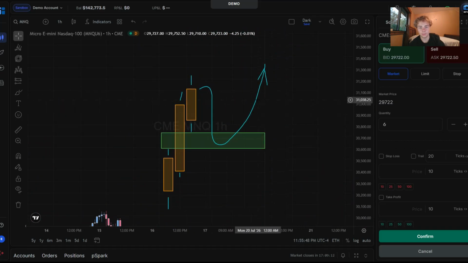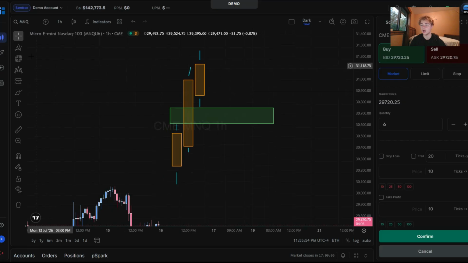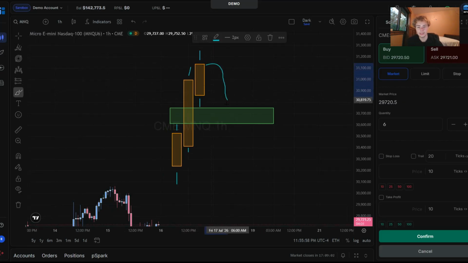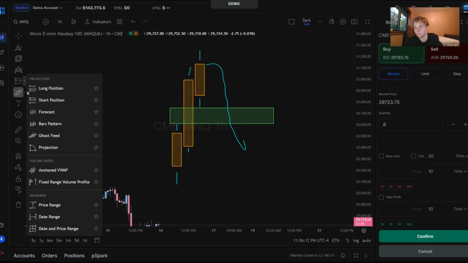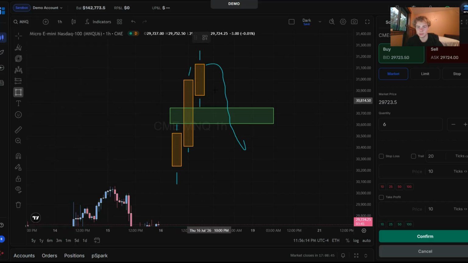The other thing it can do is disrespect it, where it doesn't continue up. So it comes down here, and then instead of continuing up, it just continues down. That means that the next candle closes below. So what you'd see is my little rectangle candles.